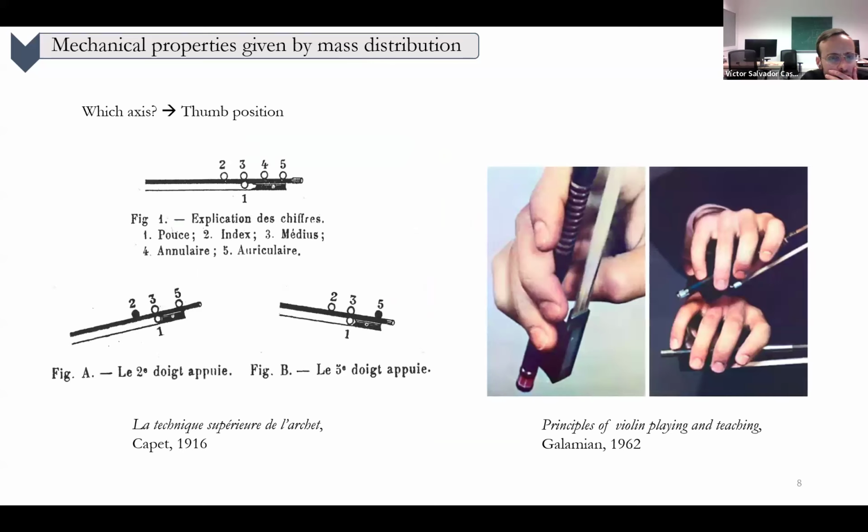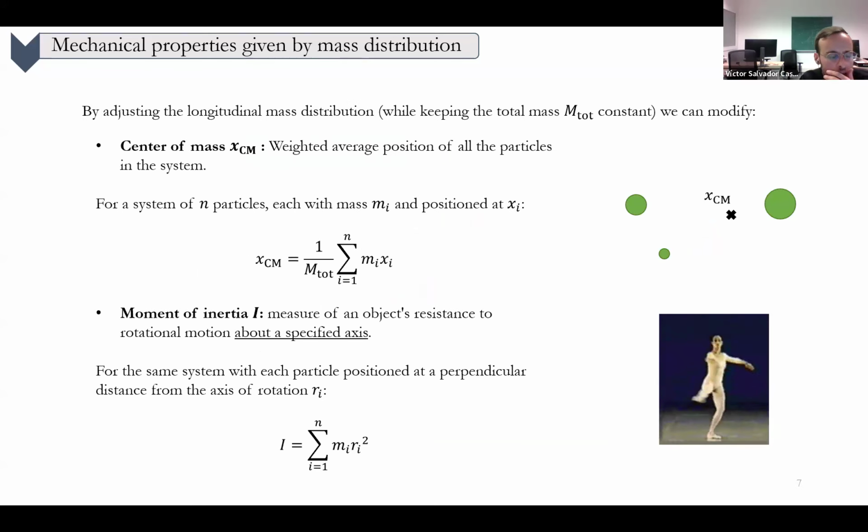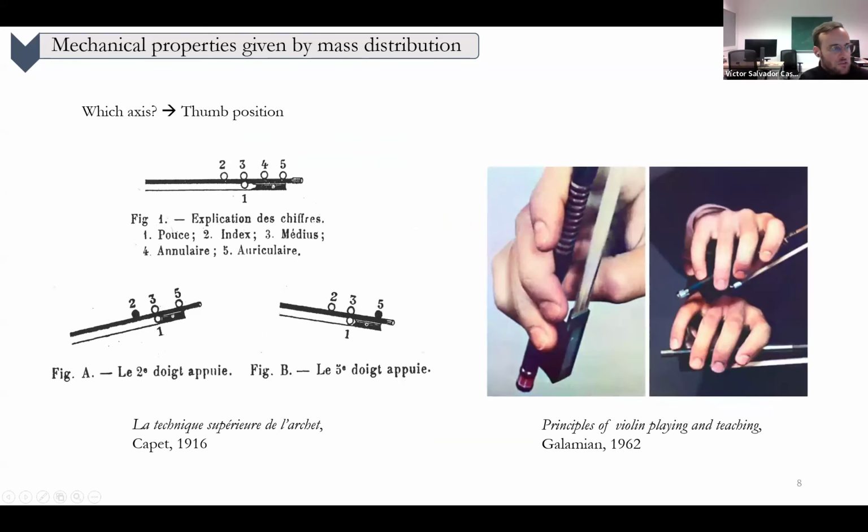If, for example, I have this mass distribution and I am working on rotations that are in this way, and I rotate my bow and do the same, I won't have the same distance from the particles of my system to the rotation axis. Here I won't have the same moment of inertia, in other words.